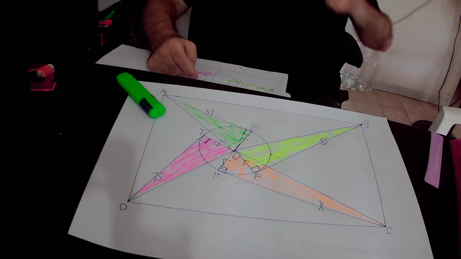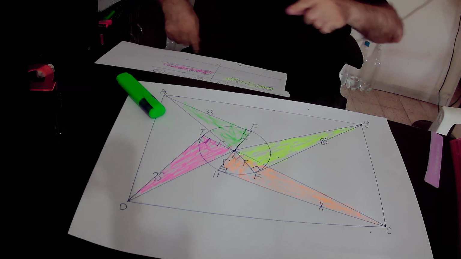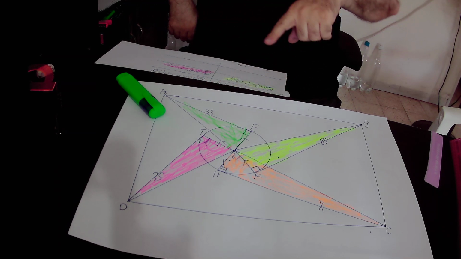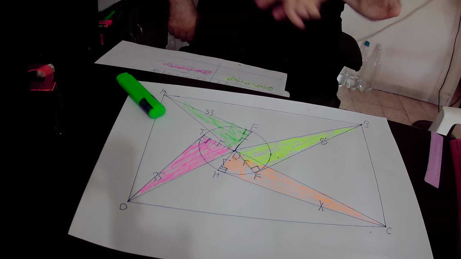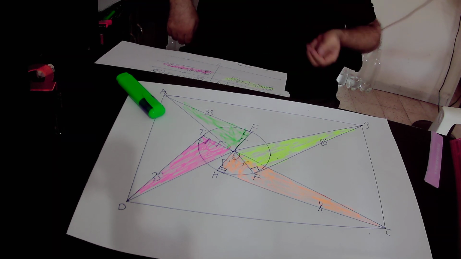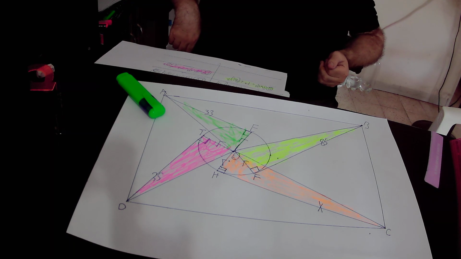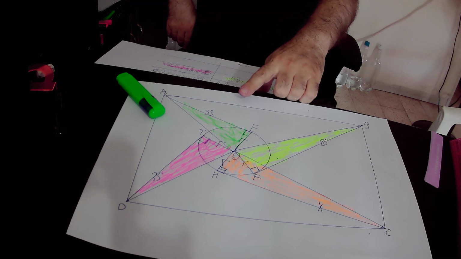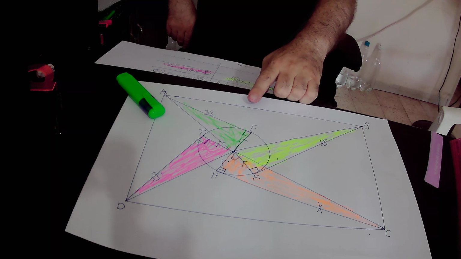Then we joined points A and O together by a straight line. In this way, we created a green right triangle, triangle AOE. According to the Pythagoras theorem, in the right green triangle, triangle AOE, AO square plus OE square equals AE square.